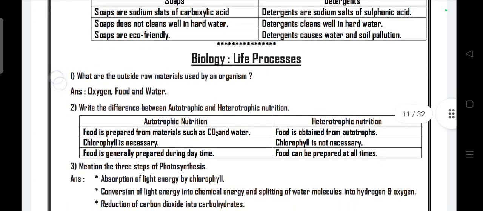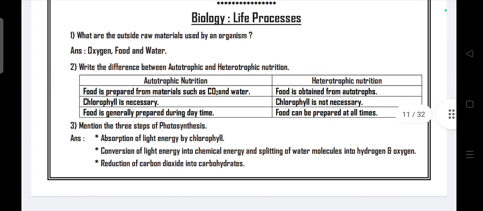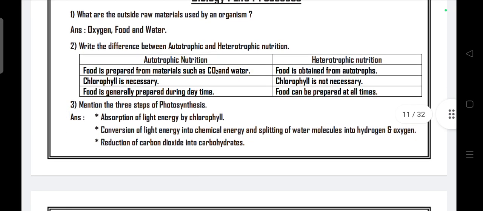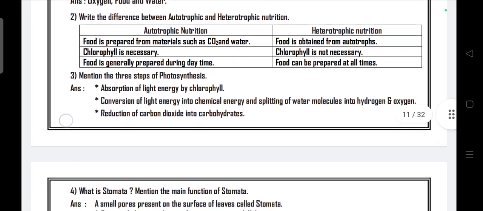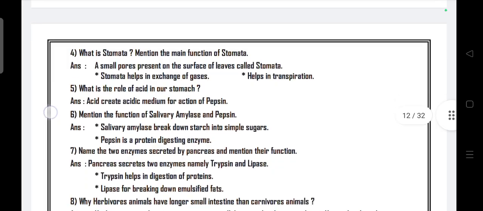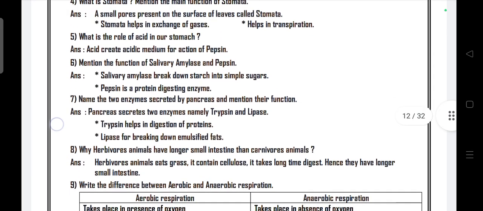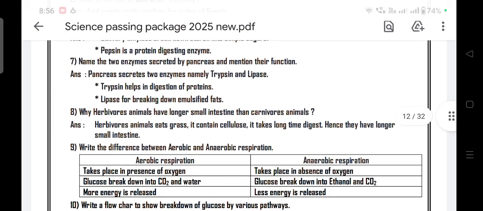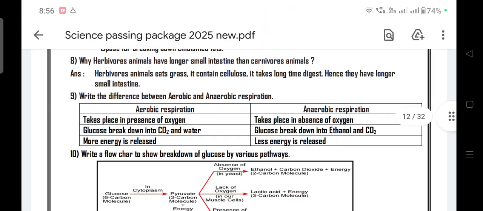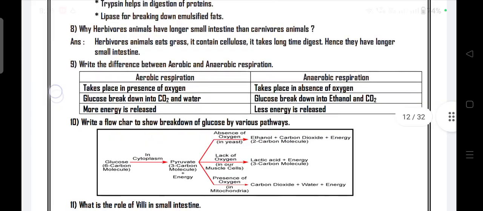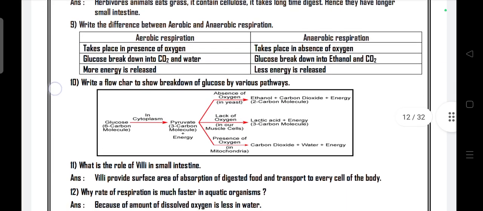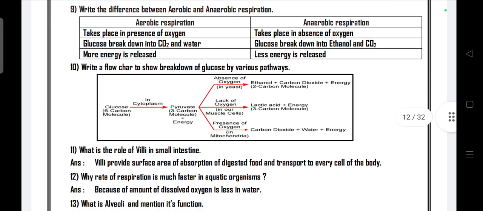Then come to biology, life processes, important questions from this chapter. What is aerobic respiration and anaerobic respiration?